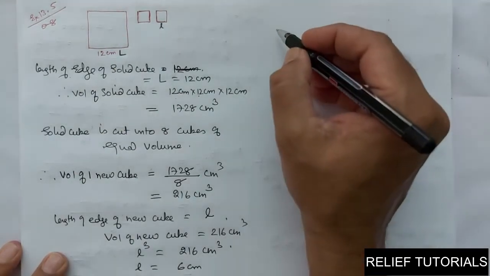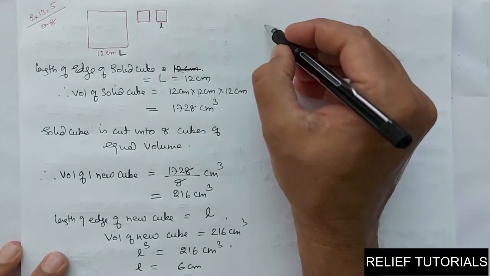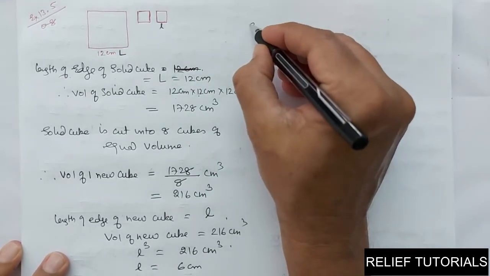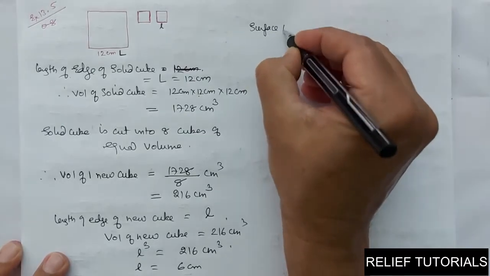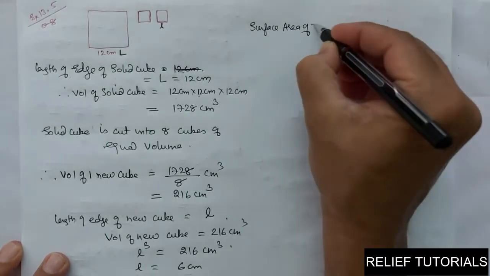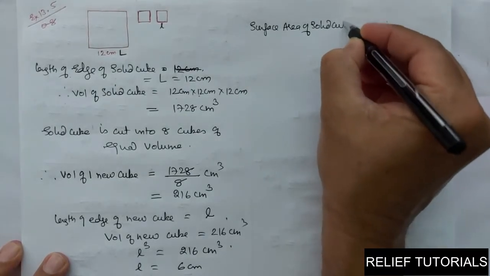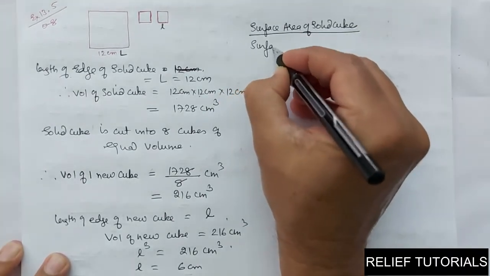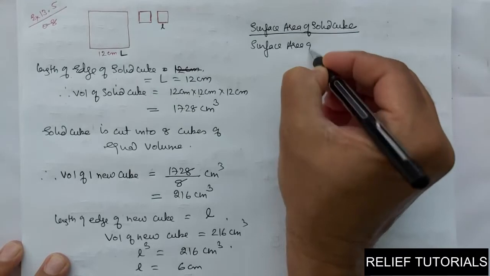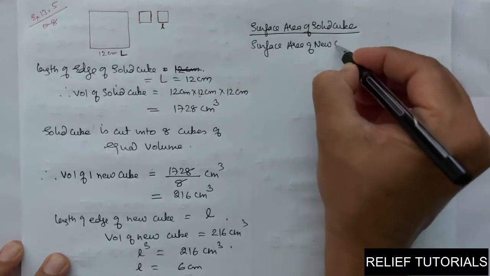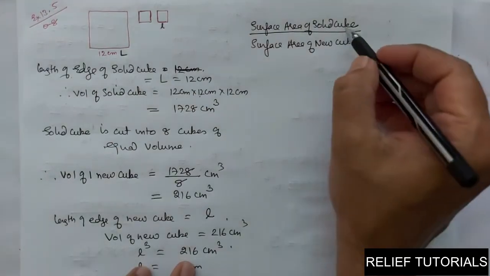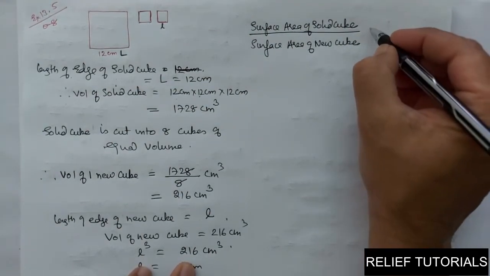Now you want to find the ratio between their surface areas. So the surface area of the solid cube upon the surface area of the new cube. This is the ratio.